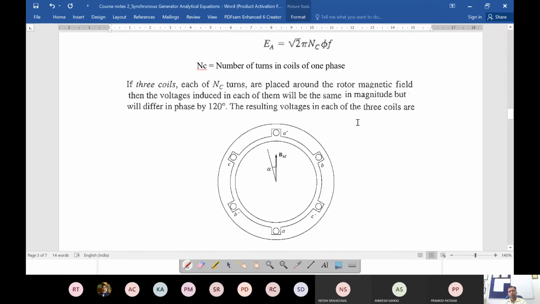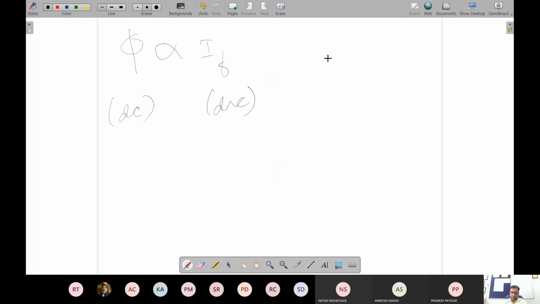If we look at the profile of flux in this air gap, the inner circle is the rotor, and the outer one having these coils or conductors is the stator, with the air gap in between the two. Due to the rotation of the rotor, you can write this flux in a sinusoidal form.